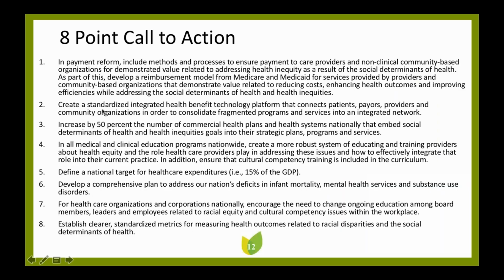Some of these barriers we have to be able to mitigate through policy, and from that, we were able to create this 8-point call to action. And I won't read all of the call to action on this screen right now. Please go ahead and read it. The coalition is developing a really robust advocacy plan that's related to these 8 points.